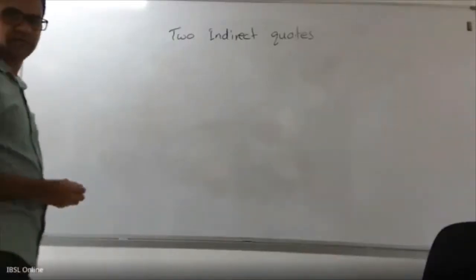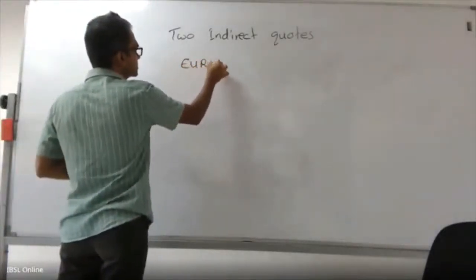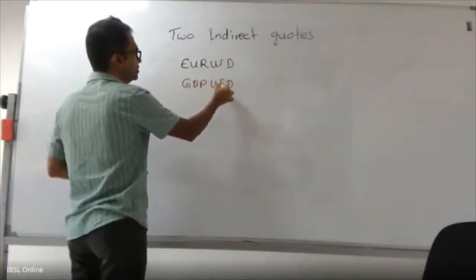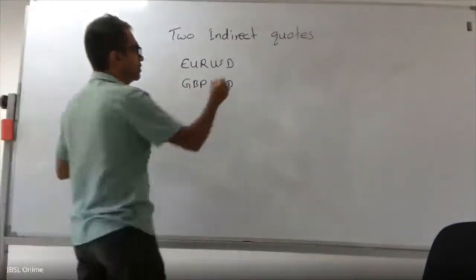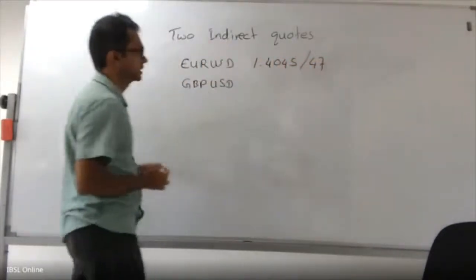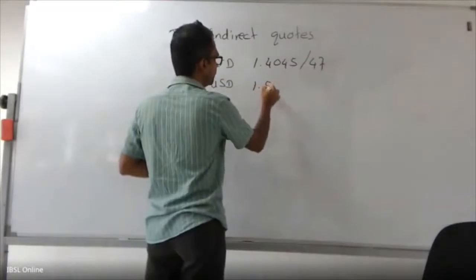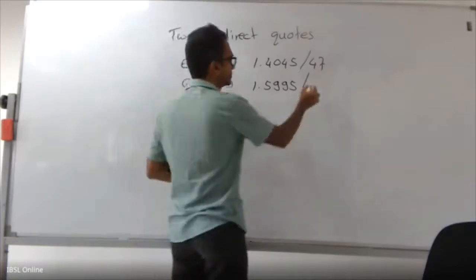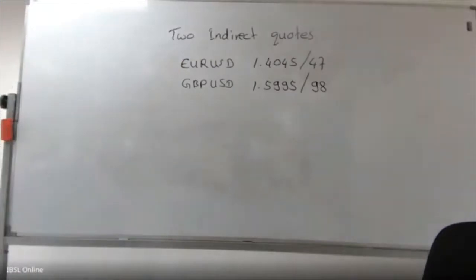So the example given here is Euro USD and GBP USD. Exchange rates given are 1.2045 and 1.5995 and 98. Correct?